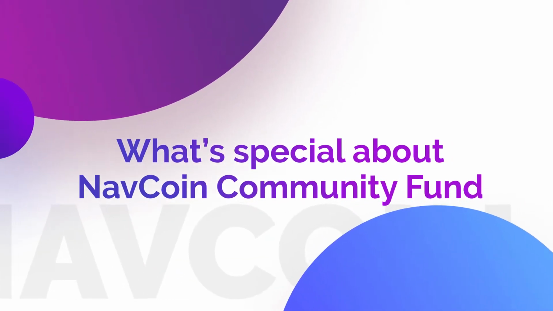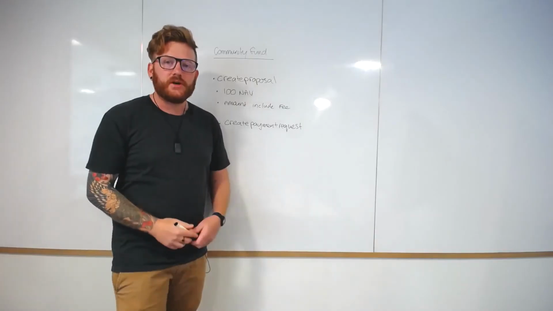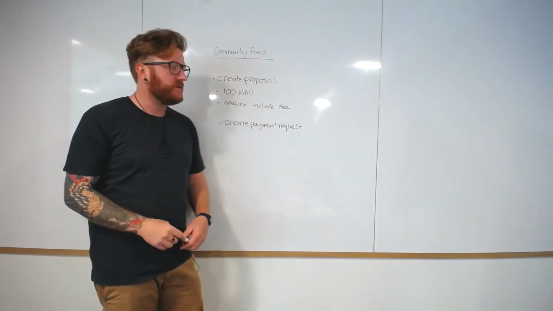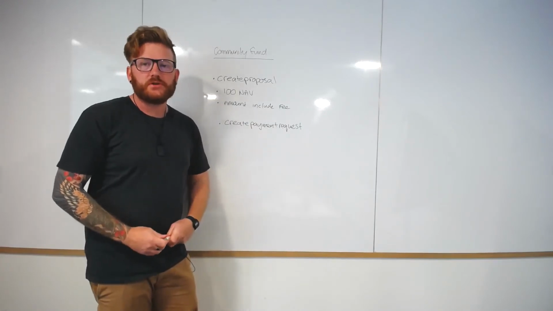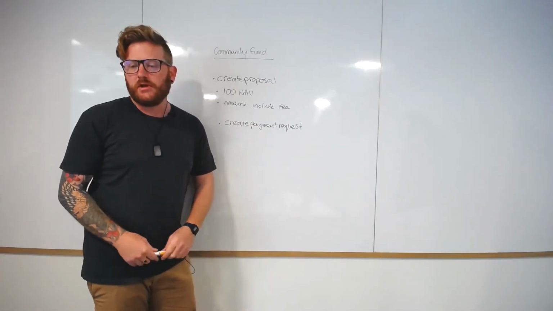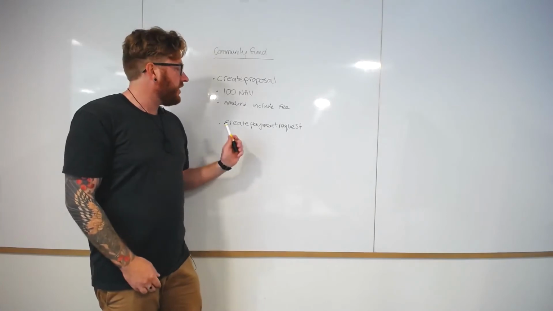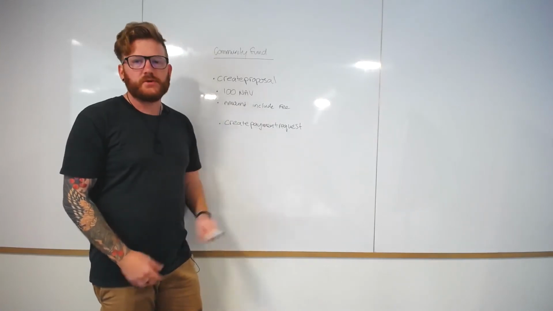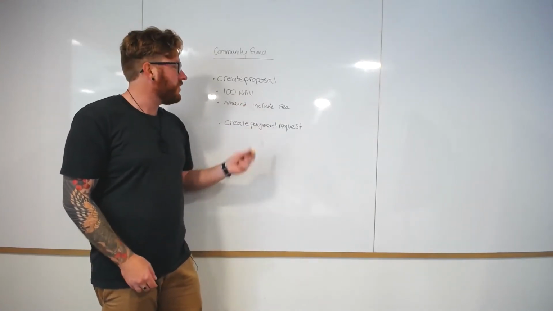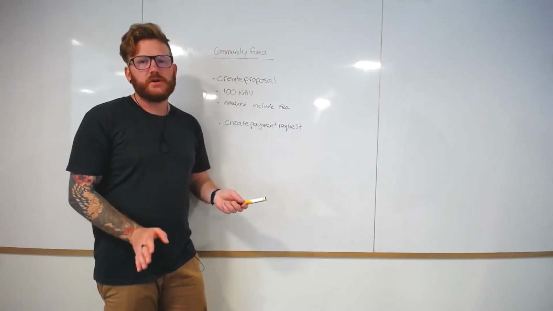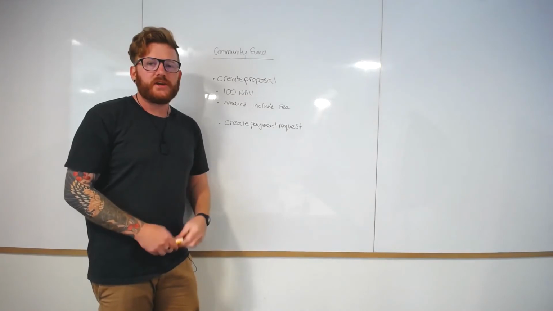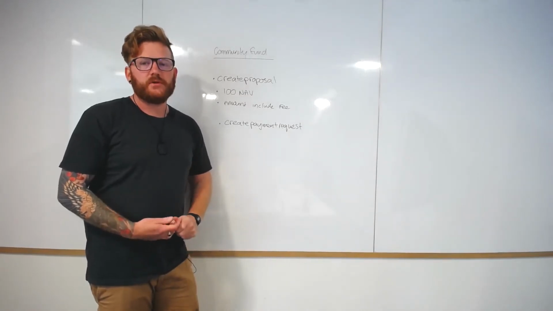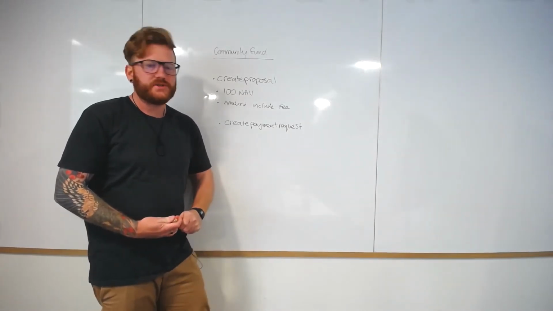One of the points of difference between our community fund and some of the others that have been implemented in the past is, well, firstly, the way that we're burning these coins to the blockchain means that we don't control any of it, which is really awesome. And secondly, we've got this two-step process, right, where we create a proposal, and then that's not the end of the story, because we're seeing a lot of community funds have been taken advantage of by people who have effectively scammed coins out of them.